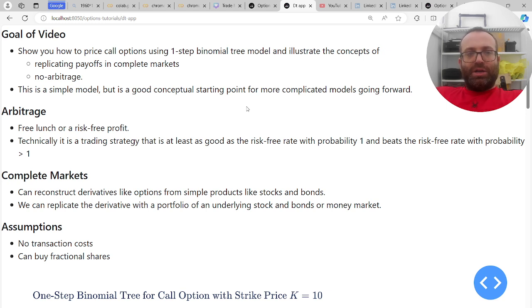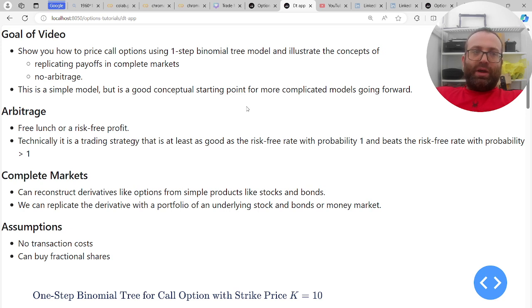So arbitrage, what is arbitrage? Arbitrage is basically a free lunch or a riskless profit. To be a little bit more technical, it means your strategy will do at least as well as the risk-free rate, and with positive probability, it'll do better than the risk-free rate.